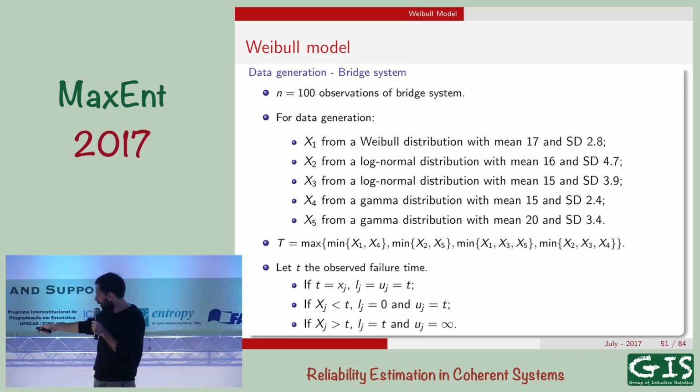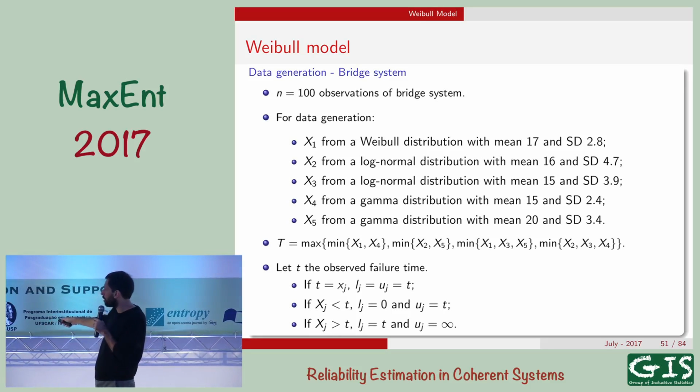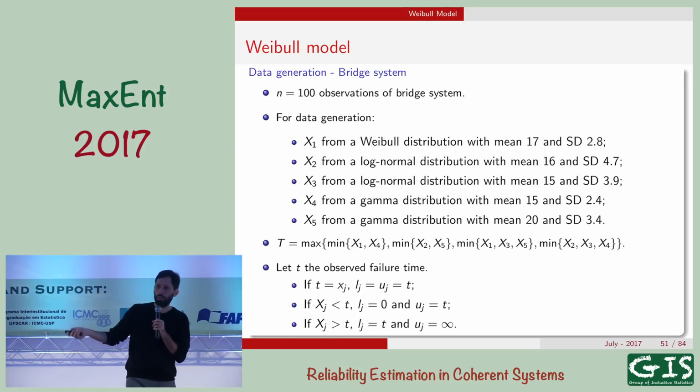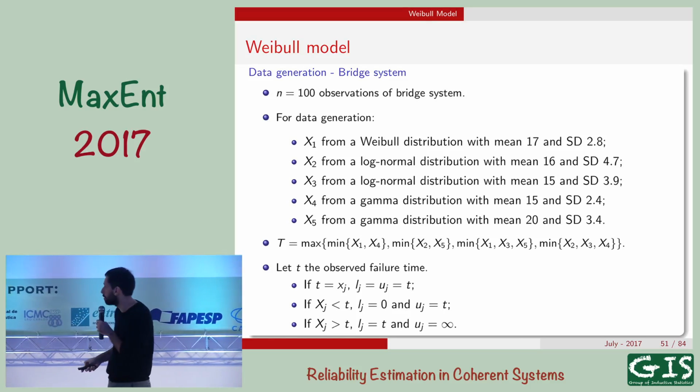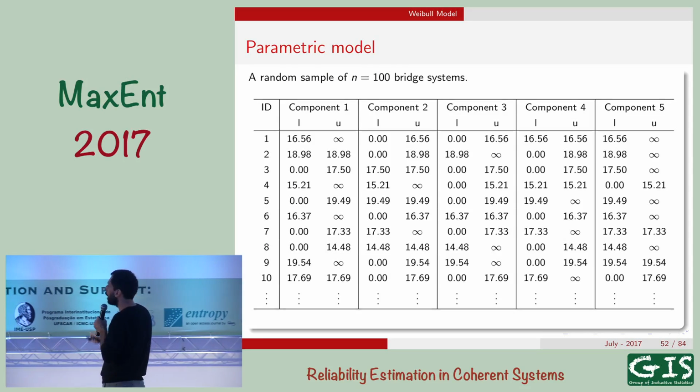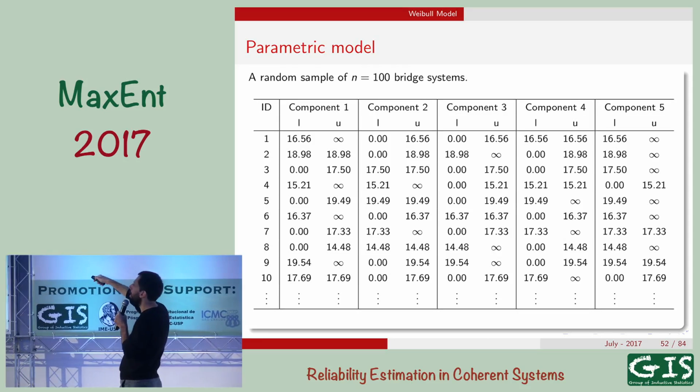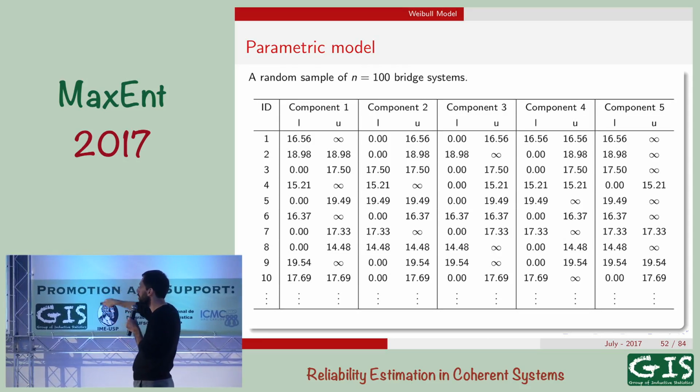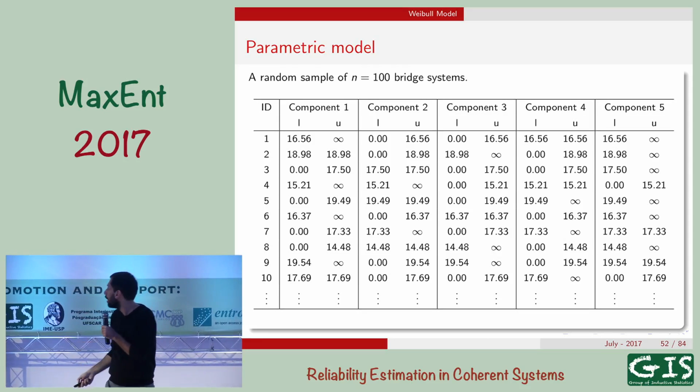To generate our bridge system, we do something similar to what we did before. We generate all values, then compute t. And for each component, we see if it was not censored, left censored, or right censored. So we work on this basis. And the data for a 100 bridge systems was generated.